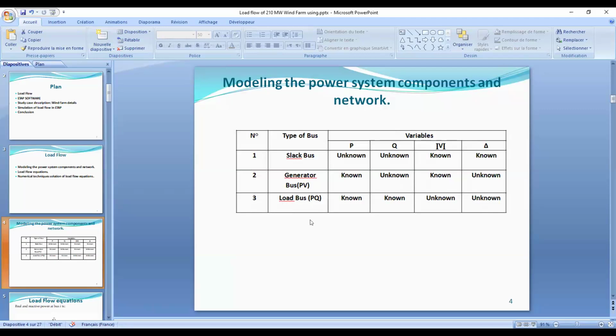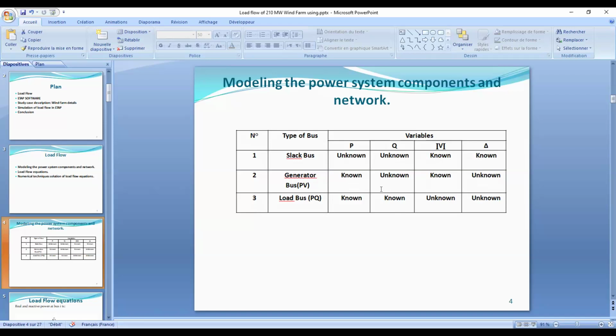In this table, we look at the slack bus, where the voltage magnitude and phase angle are known, and the same for the generator bus and load bus.